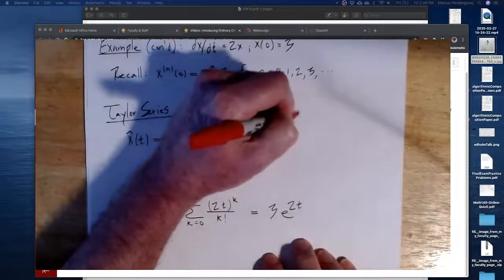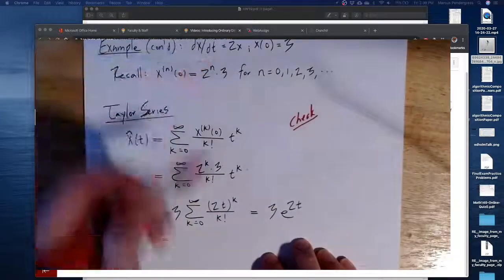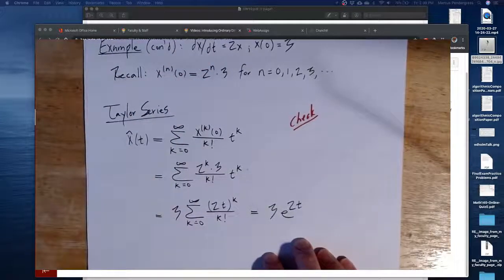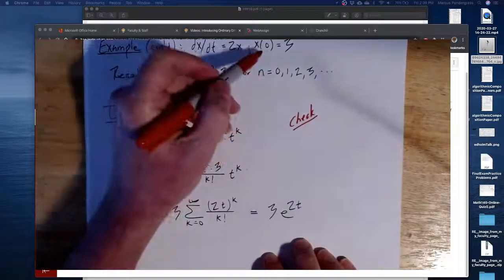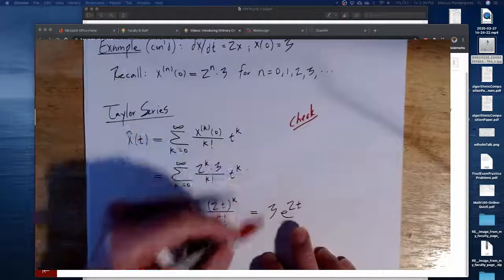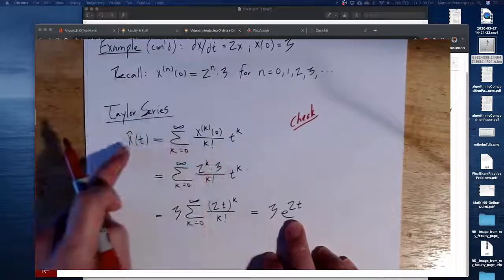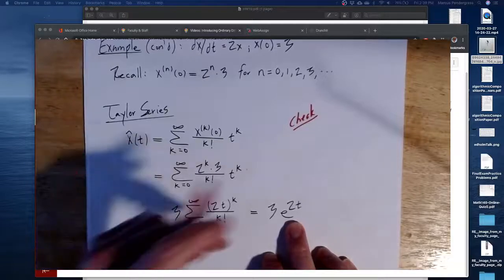So we can do that real quick. Let's just check it. The way you do that is you just compute both sides of the ODE, make sure they're equal, and then also make sure your function satisfies the initial condition. So if this is our solution, x hat, let's check and see that x hat is actually our solution.